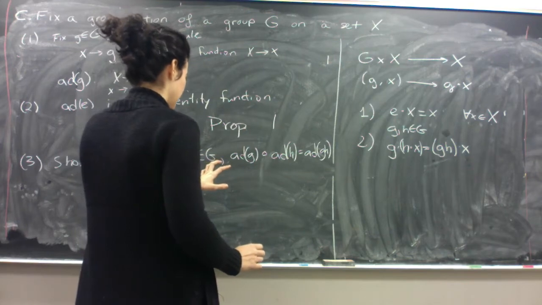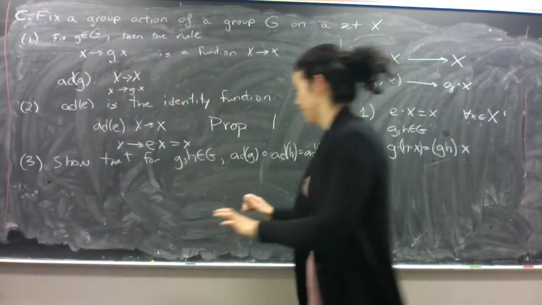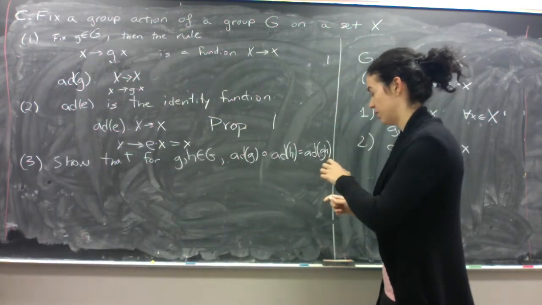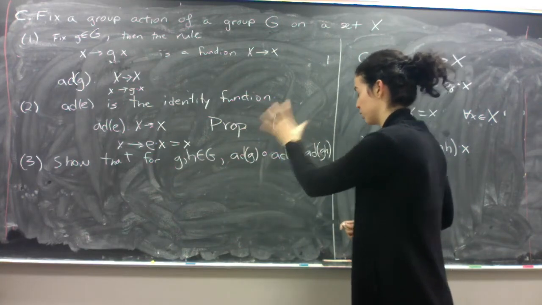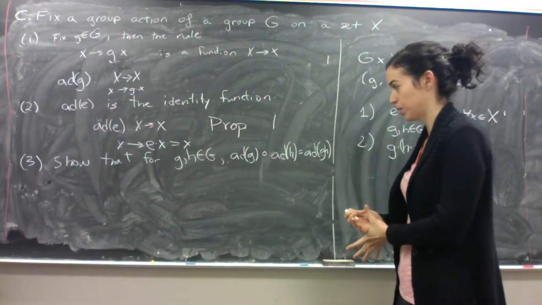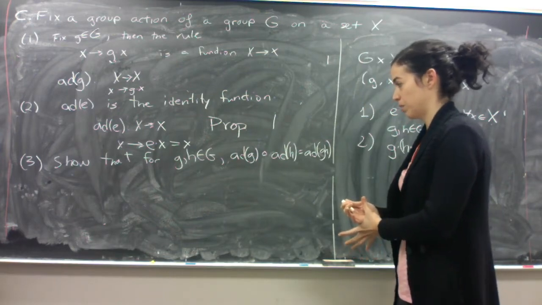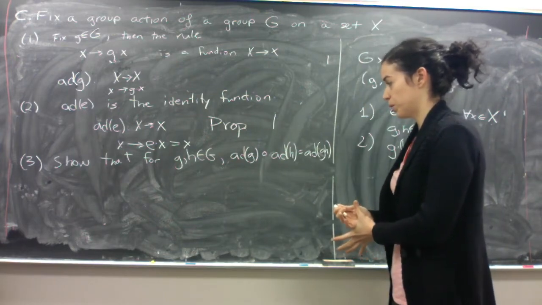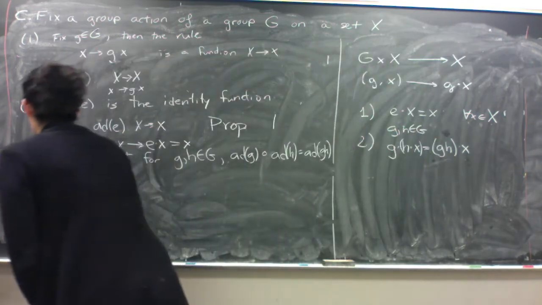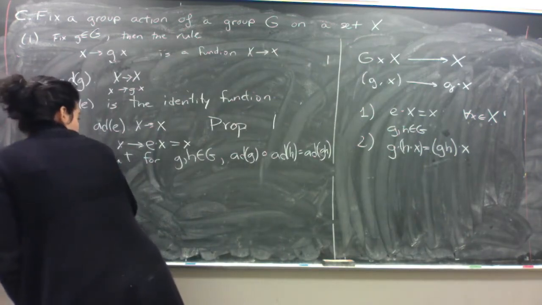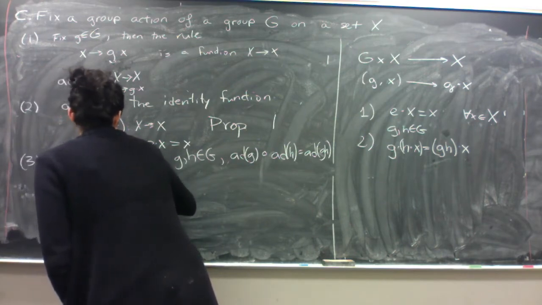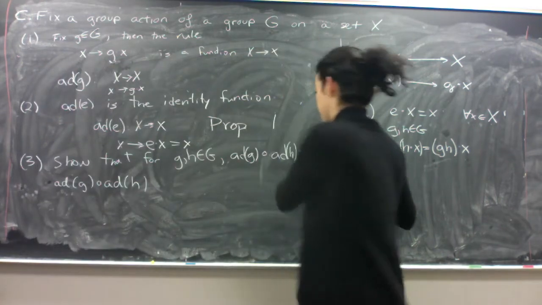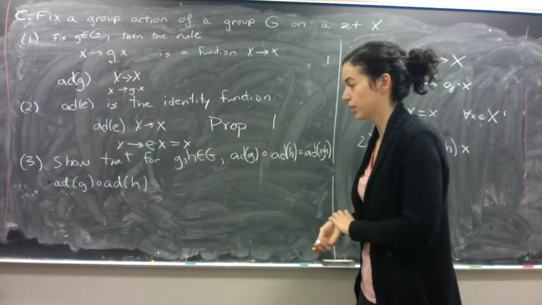So we want to show that this is a composition of functions, and this is another function. We want to show that the two functions are the same. The way we do that is we want to compute this, and we'll also compute this separately and see if we get the same thing.